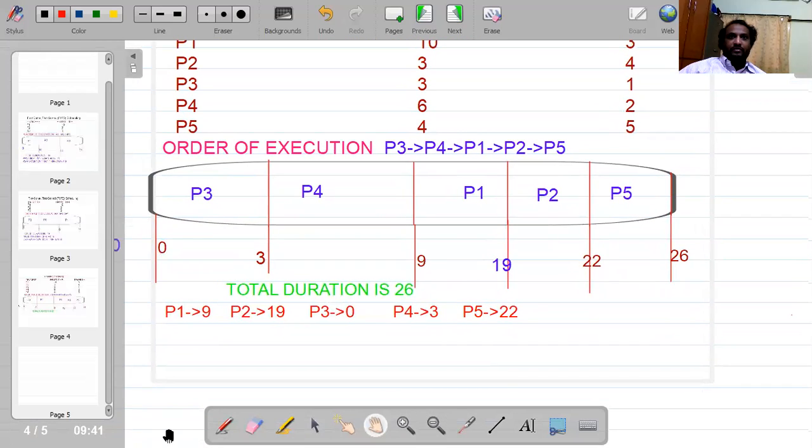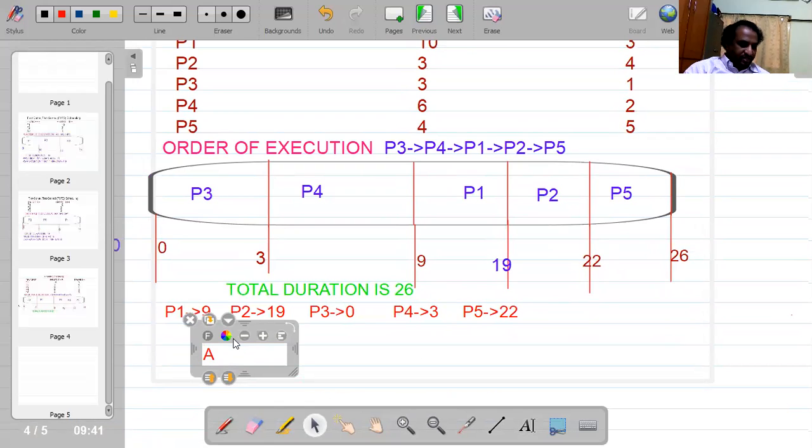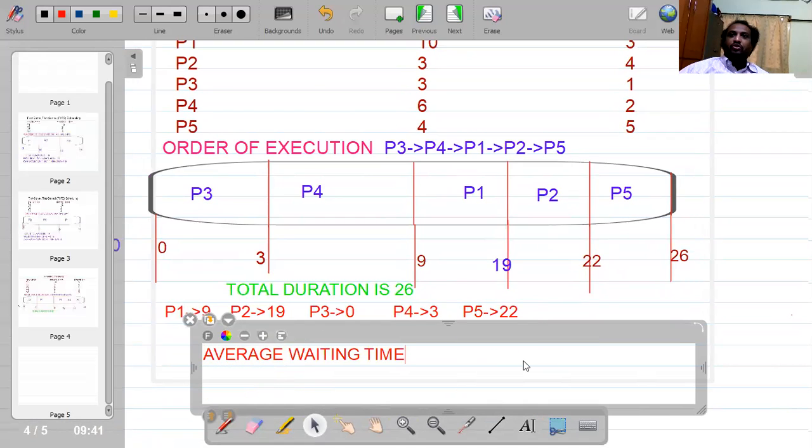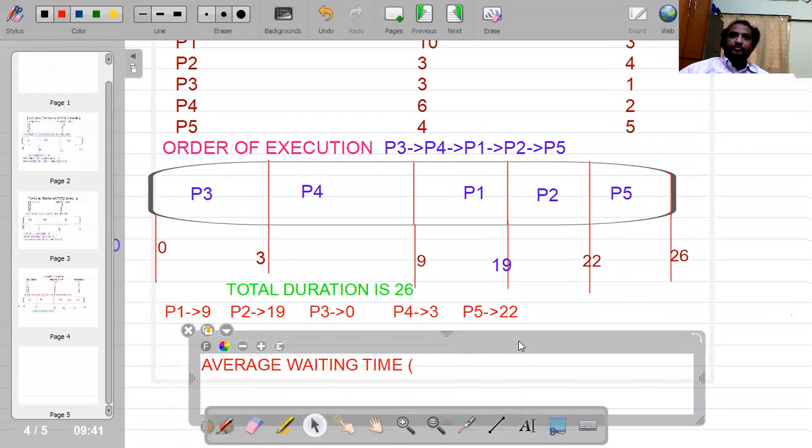Now to calculate the average waiting time, we need to calculate the total of all the waiting times. That is, P1 is 9 plus P2 is 19 plus P3 is 0 plus P4 is 3 plus P5 is 22.